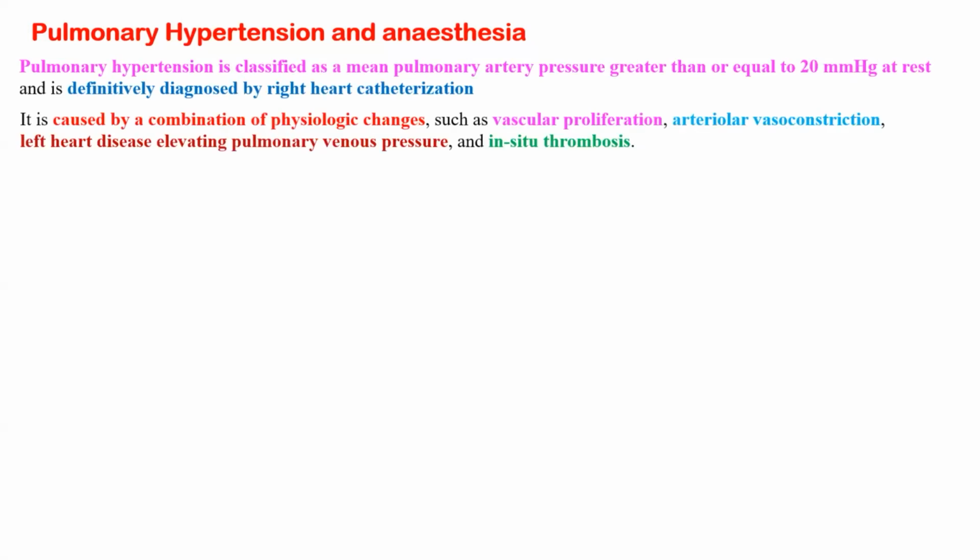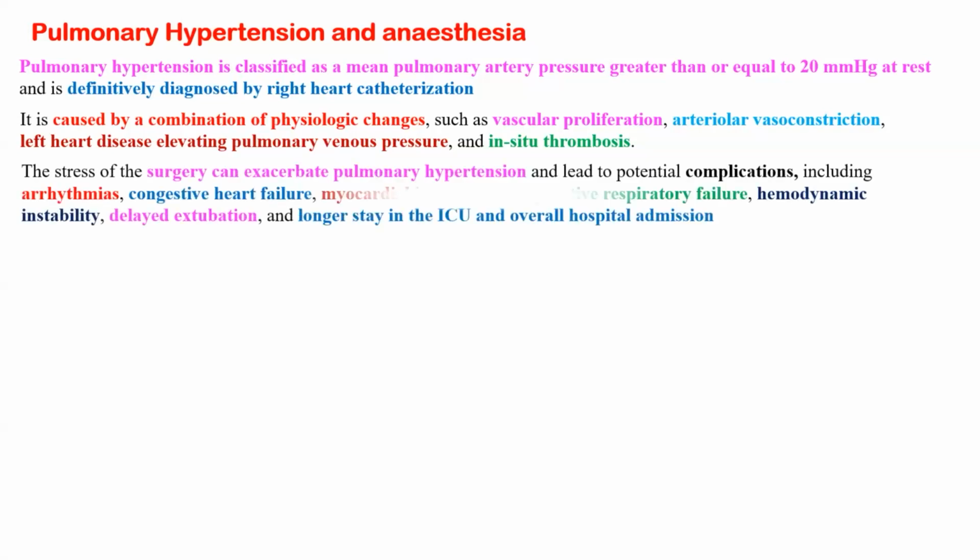Now, what exactly happens is the vasculature itself becomes changed in this pathology. So, vascular proliferation, arteriolar vasoconstriction, left heart disease, which elevates the pulmonary venous pressure, or in situ thrombosis. These are some of the causes for the pulmonary pressure to go up.